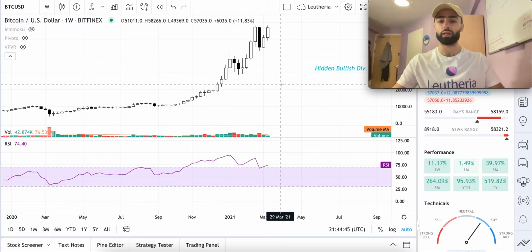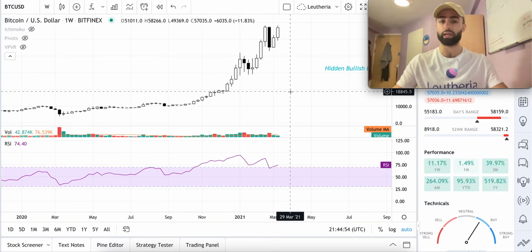When you first start learning, pull up the cheat sheet, maybe bookmark one on your computer or your phone, and see exactly what that's telling you. Is it a hidden bullish divergence? Is it a regular bearish divergence? There's only four of them, so it's very straightforward, and that can help you determine where is a good time to buy and sell, so you can maximize your profit potential and increase your probability of success as a trader or investor.